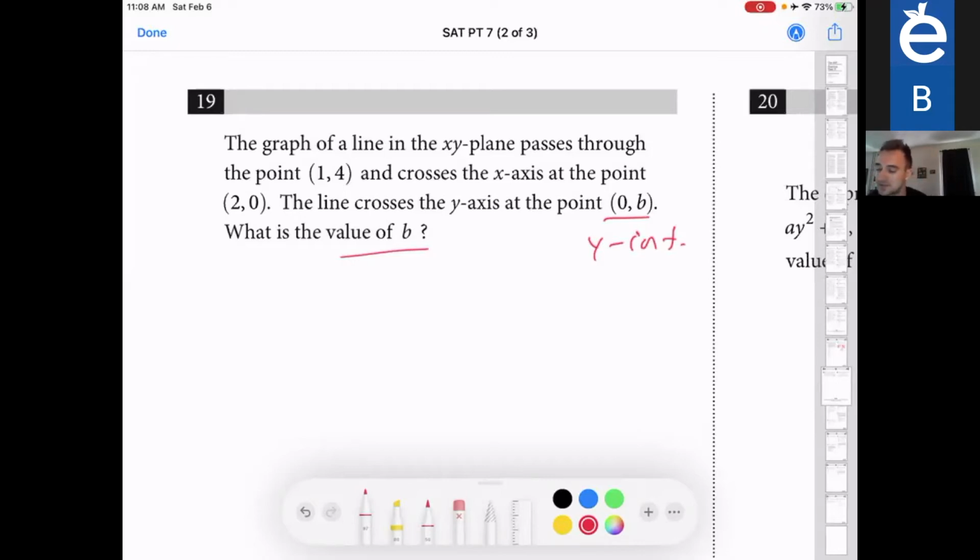for our y-intercept? The graph of a line in the xy plane passes through the point, so let's call it this point 1, 4. We have another point here, 2, 0. It's x1, y1, and x2, y2.